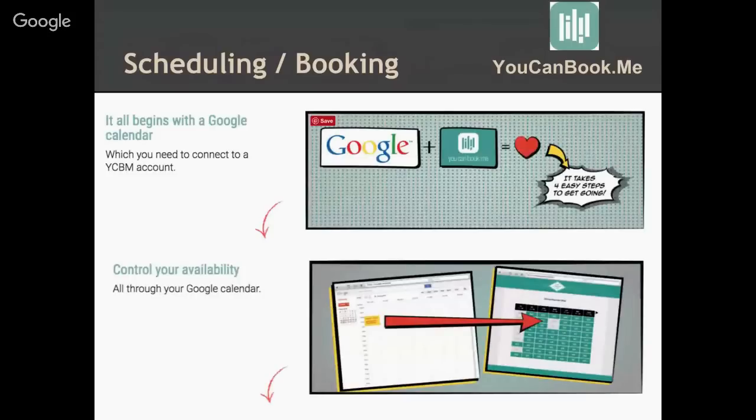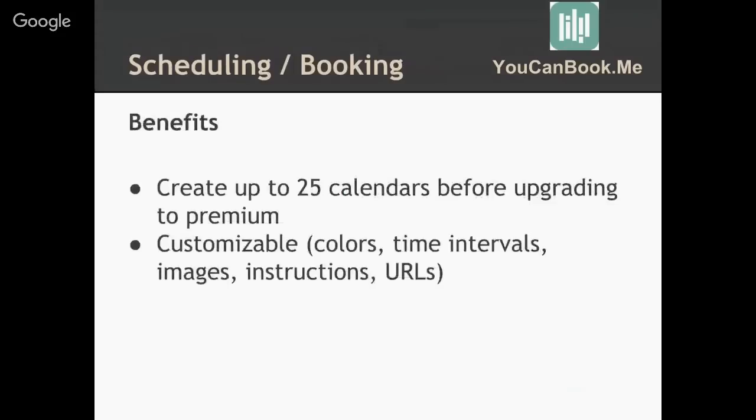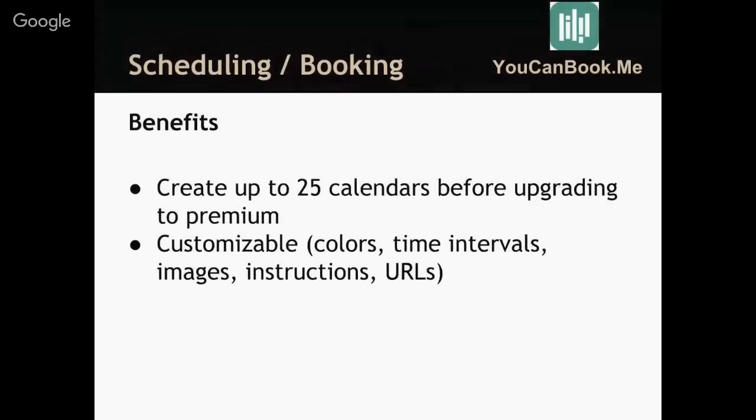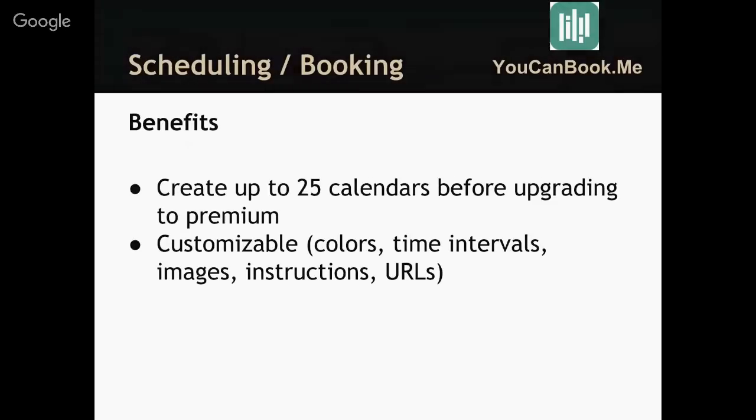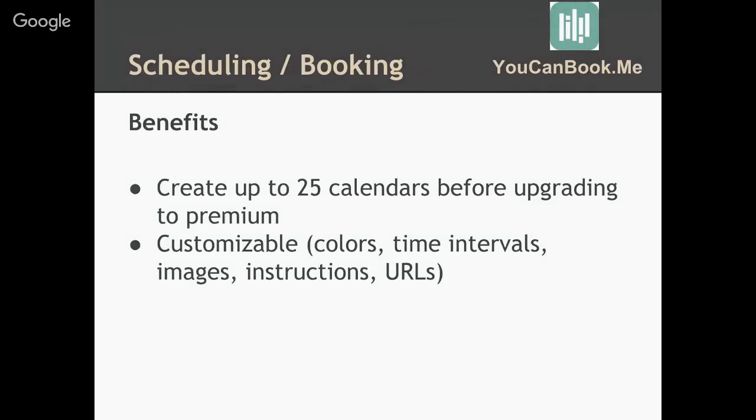It all begins with the Google Calendar, and you control your availability through that. So just scrolling through, it's taking a second to load. But this is a very useful tool, and you can have many calendars going on at one time.